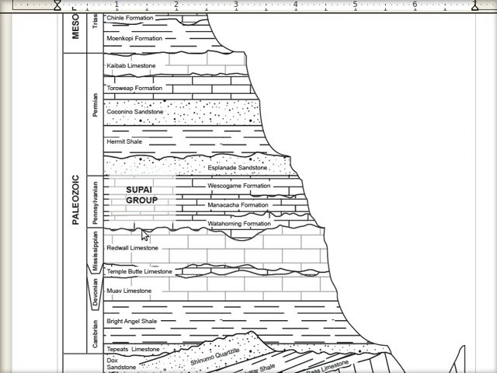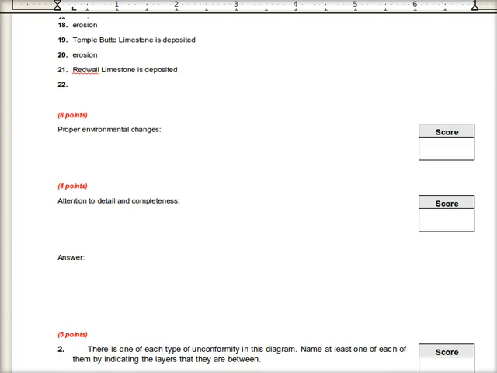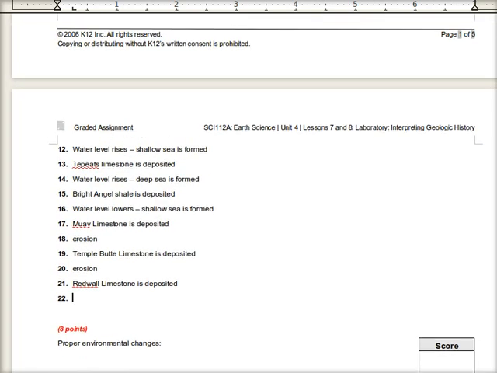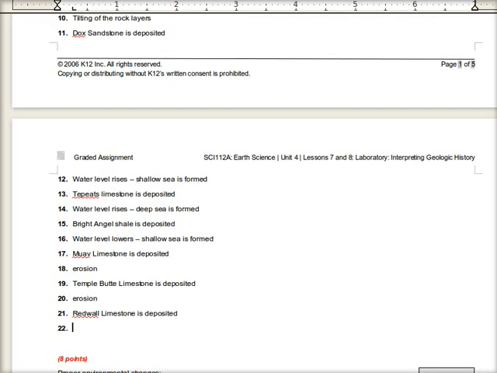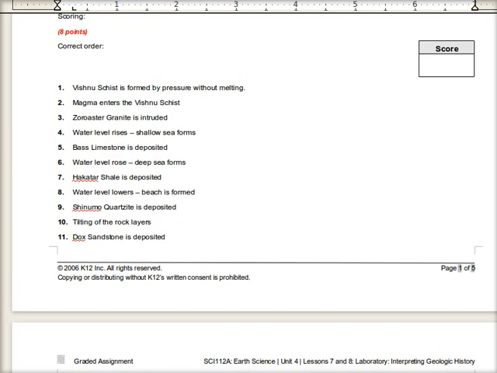But this line, what causes this jagged up and down line? Answer that for me. That's the answer to the very last thing that you need to put. Okay, so let's look over what we have so far. I'm going to leave the last one blank for you to fill in. Make sure you fill that in.